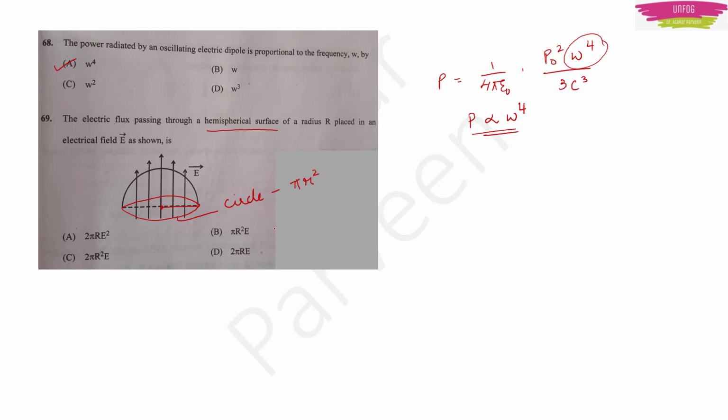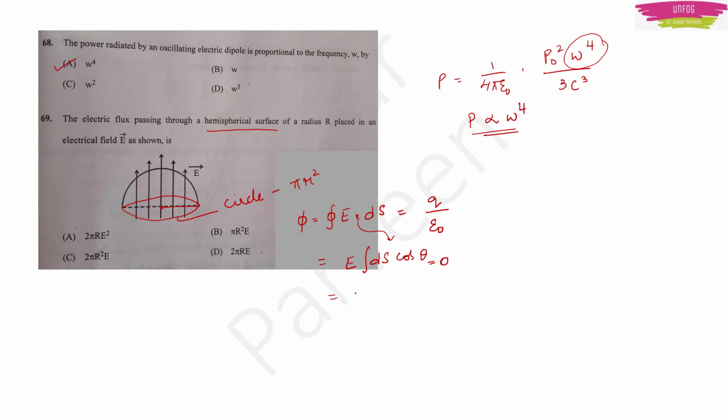Now our usual procedure can be done. According to Gauss's law, flux phi will be equal to closed integral of E into ds, this will be equal to Q upon epsilon naught. Now this will be equal to E into integral of ds. This is a dot product. That's why I write cos theta. This theta is going to be 0.